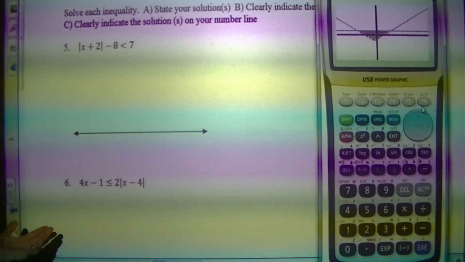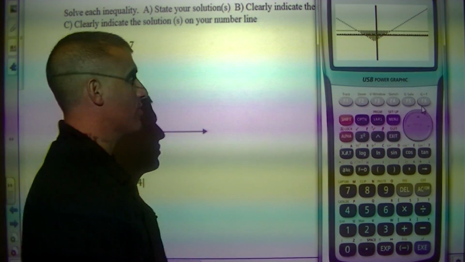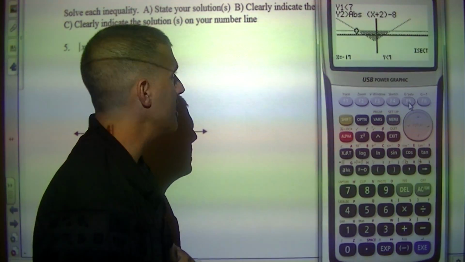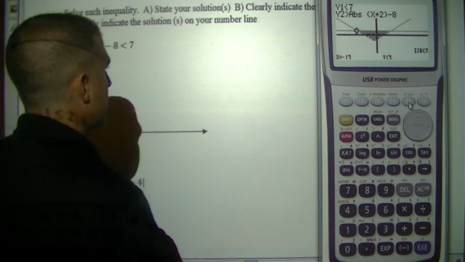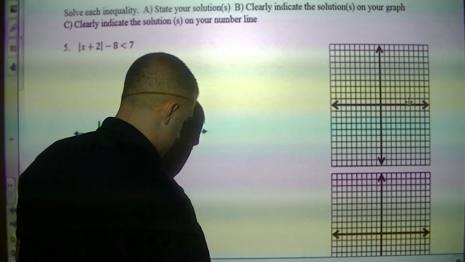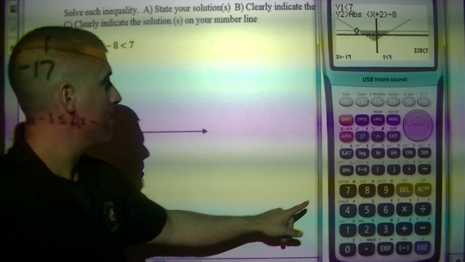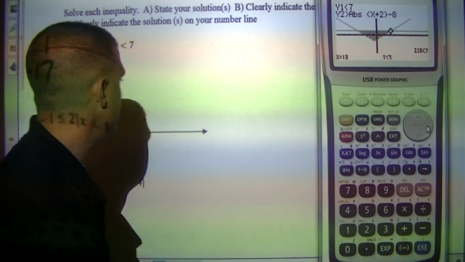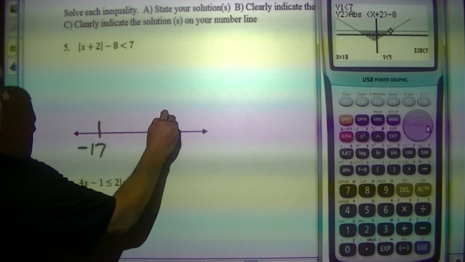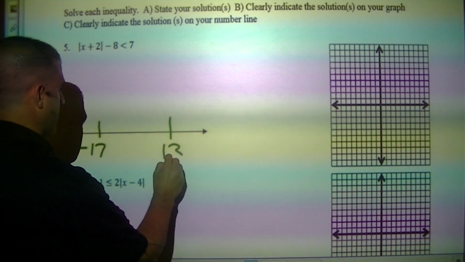This is what I have. Now, let me explain how this works. Let's find the intersections. G-solve intersect. I got negative 17, okay? And on the number line, I can go ahead and put that, right? And then my other intersection is 13. Okay? I got 13, all right?